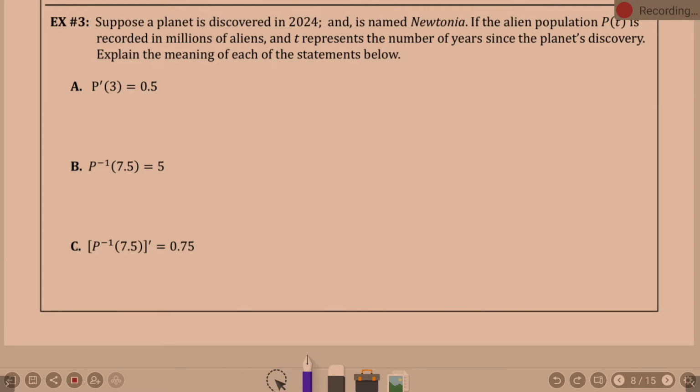Notice it is recorded in millions of aliens. That's going to be useful information, right? So we have to take this all into account. T represents the number of years since the planet's discovery.